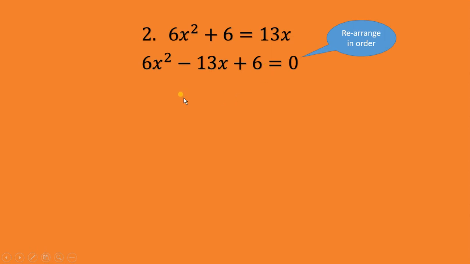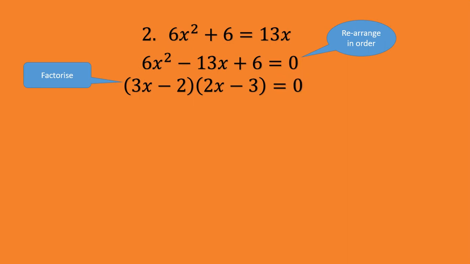Again, we now first have to factorize. Look at how to factorize on the previous videos. But the factors of this would be, we've got 3x minus 2 as our first factors, and 2x minus 3 is our next set of factors. We've done that through the trinomial, and we will again say 3x minus 2 is going to be equal to 0, or the other bracket 2x minus 3 is going to be equal to 0.